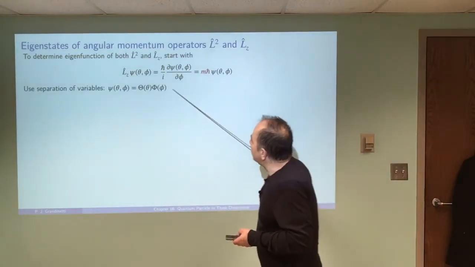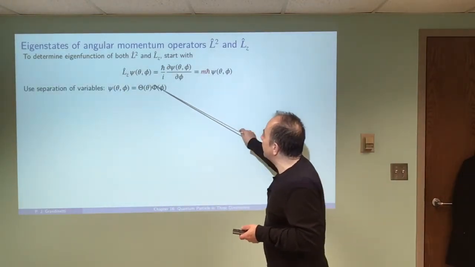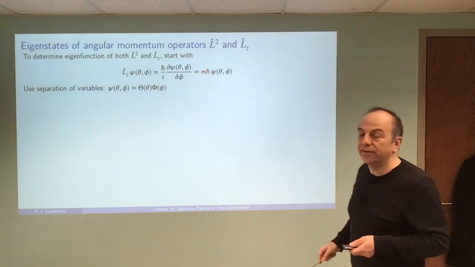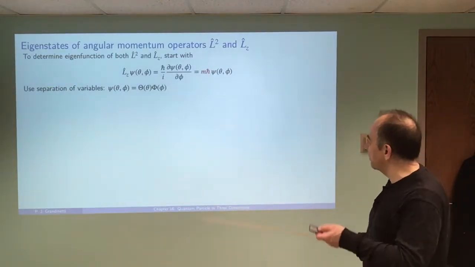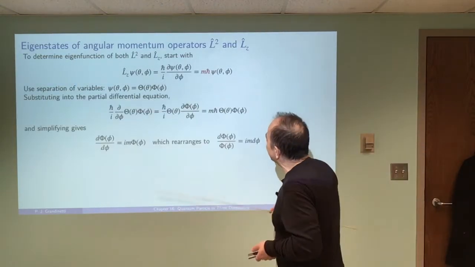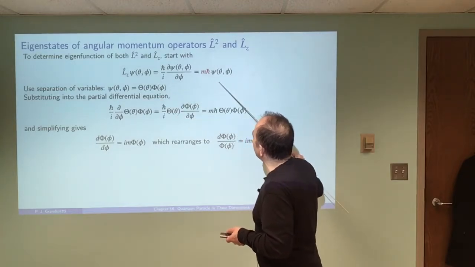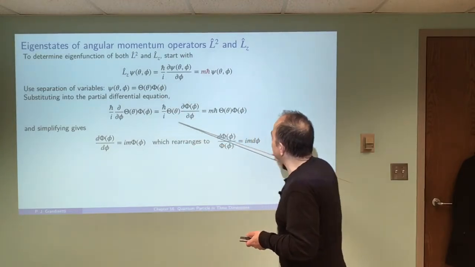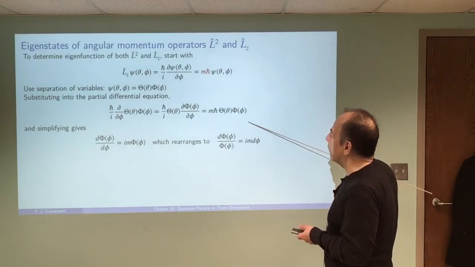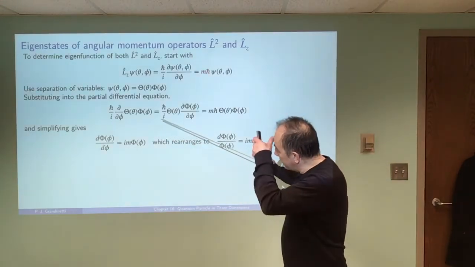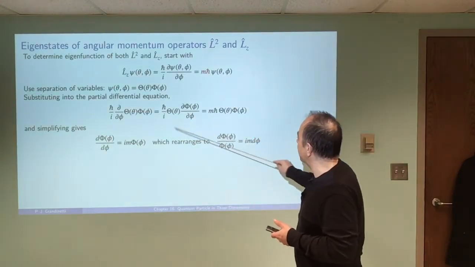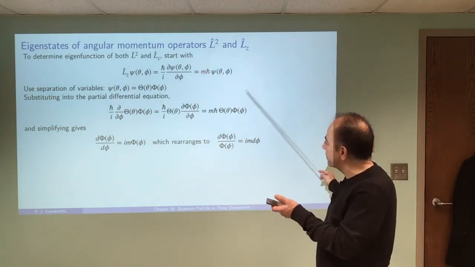Now, we're going to solve this differential equation by assuming we can do a separation of variables for our guess, which, if it works, will be a good guess. We plug that into this expression, and you see that it gives us this expression here. When you take the derivative, the theta part is on both sides, so it doesn't really do anything.